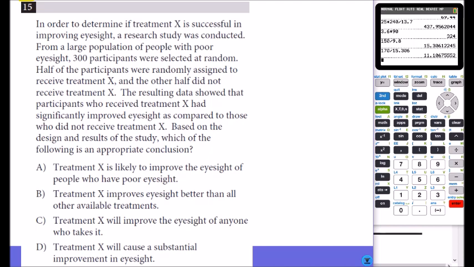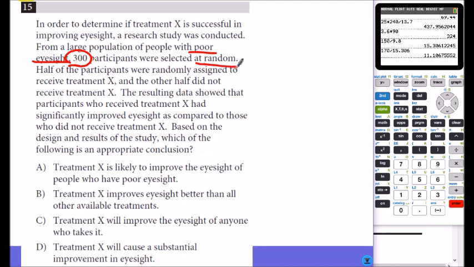15. In order to determine if treatment X is successful in improving eyesight, a research study was conducted from a large population of people with poor eyesight. They selected 300 people who have poor eyesight at random. That's good, right?